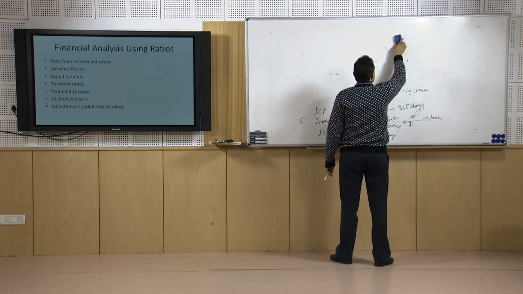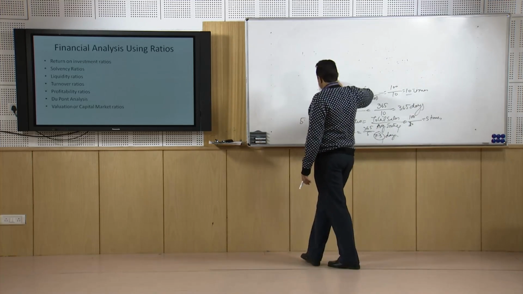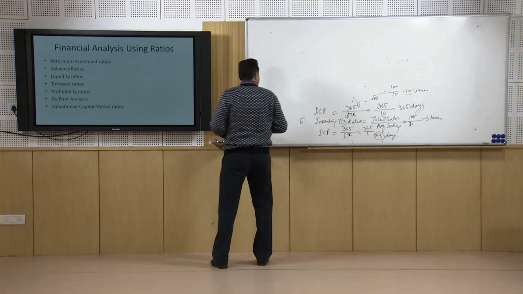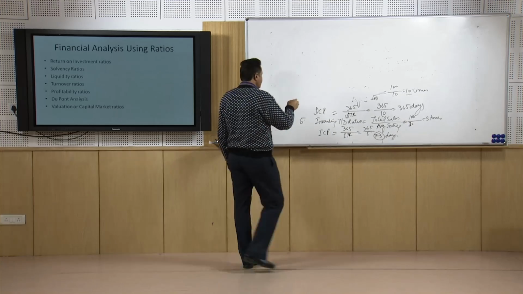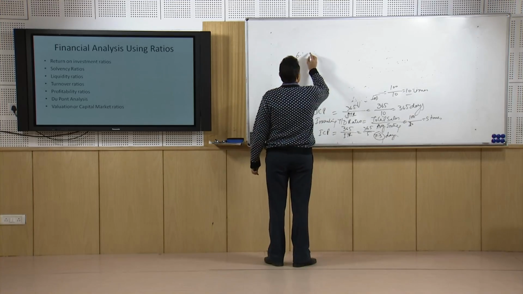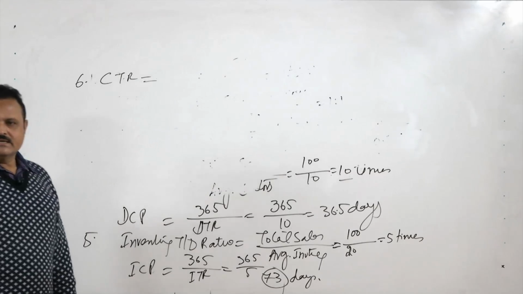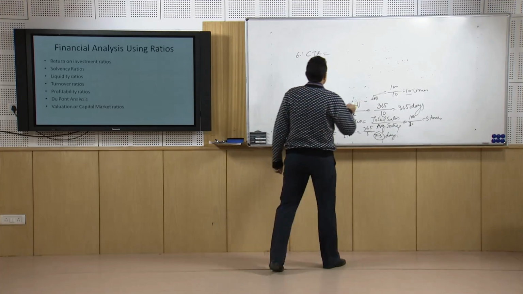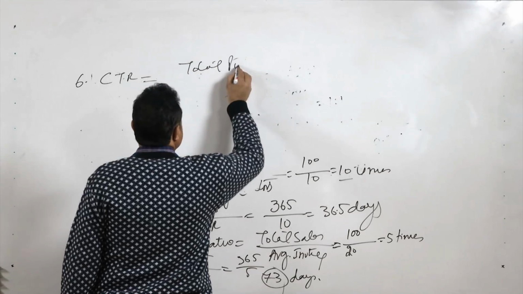With the help of this ratio we normally study in how many days the firm whose balance sheet we are analyzing is paying its current liabilities to its suppliers. So, the sixth and last ratio is the creditors turnover ratio, called CTR. Here we are talking about total purchases.